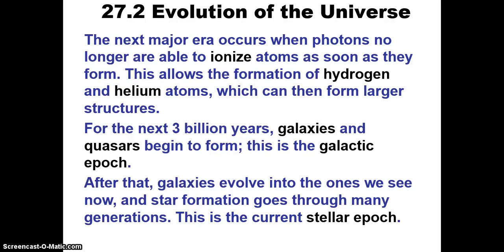And so the deuterium that we detect is primordial deuterium. It was the original deuterium that was created when 25% of the hydrogen atoms became helium.